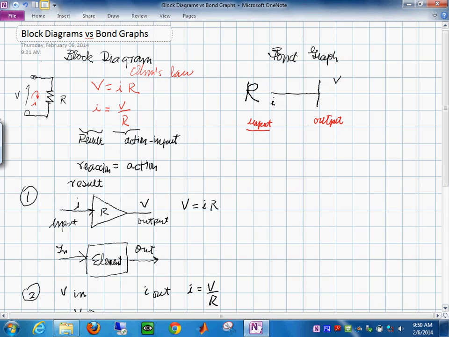And this symbol actually represents the same thing as this one. But also, this causal form, remember this is based on the concept of causality, which we introduced about 5 minutes ago. This causal form means that the voltage is the output and the input is this. Okay? This has the total equivalence of this block diagram.